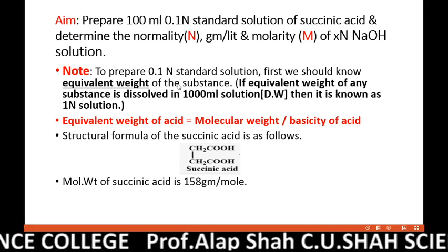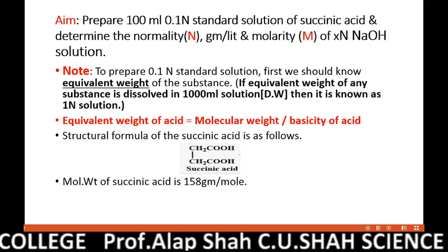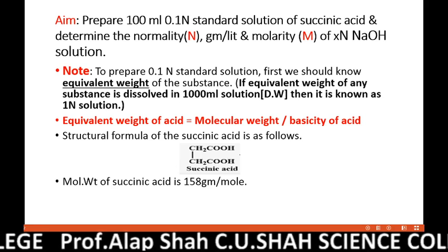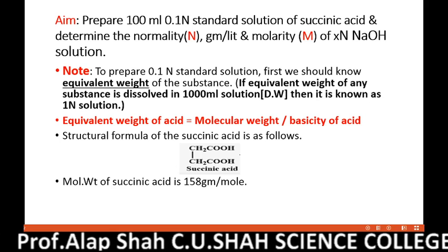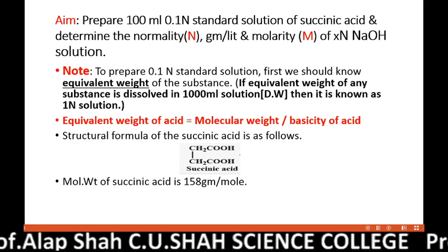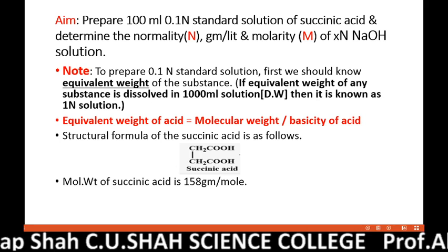Now friends, there are two kinds of solutions we can prepare. If you dissolve the molecular weight of any substance in 1000 ml solution, that is 1 liter solution, then that solution is called a molar solution, 1 molar solution.